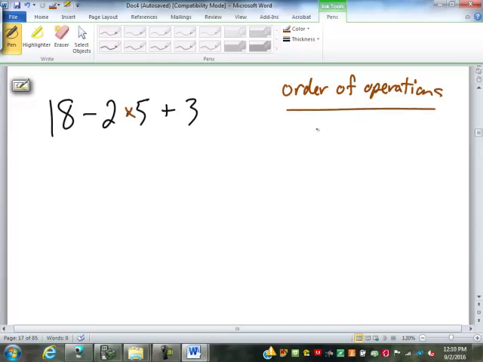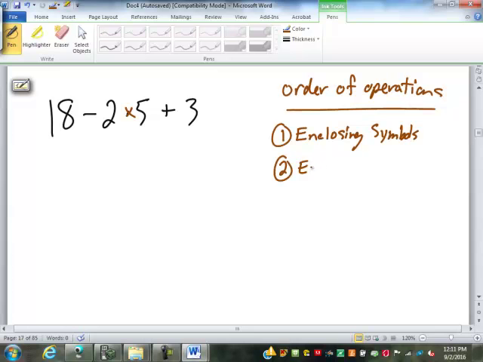Order of operations, you guys have probably already seen, like the PEMDAS, parentheses, whatever. I'm going to put in enclosing symbols for the top one instead of parentheses. I know that screws up your mnemonic, but enclosing symbols include parentheses, but there's also fraction bars, root symbols. There are other enclosing symbols.